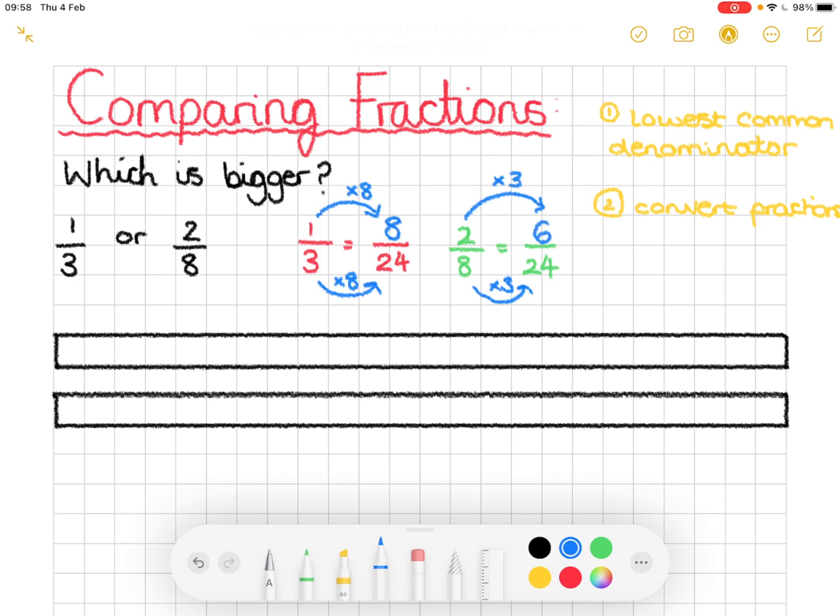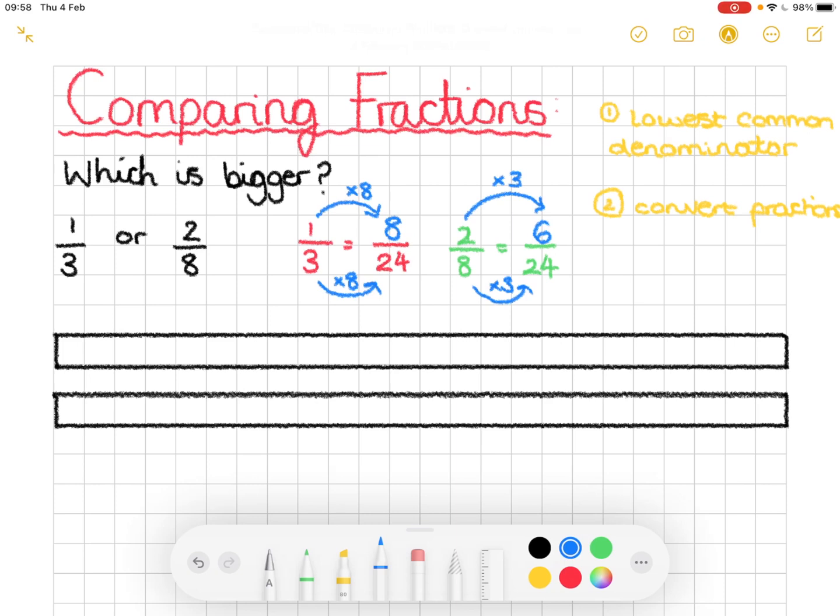So we now have 2 new fractions. They are equivalent fractions, so we've not pulled out any random numbers. These fractions are the same, they are equivalent, but it allows us now to compare them. Now they have the same denominator, because step 1 we had to find the lowest common denominator. We have now converted the fractions. So we have 8/24 and 6/24.